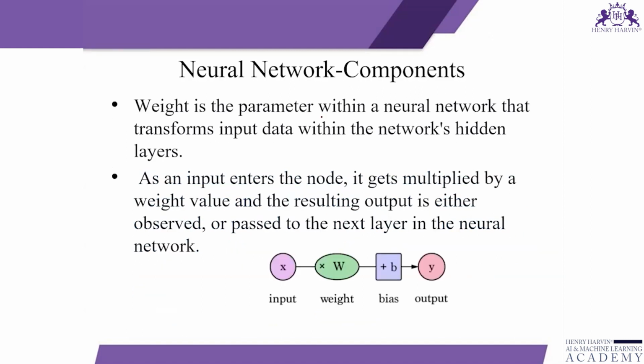Weight is the parameter within a neural network that transforms input data within the network's hidden layers. When an input enters this node, it gets multiplied by a weight value and the resulting output is either observed or adjusted by adding a bias to it.